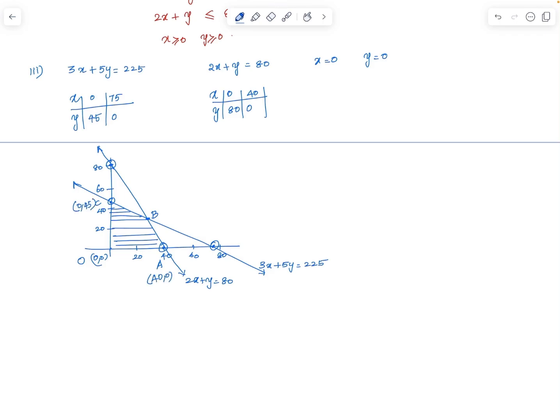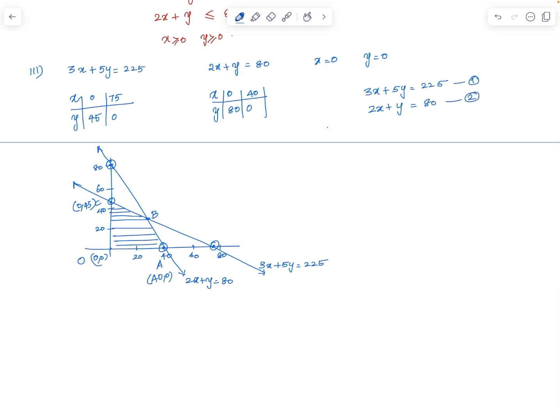To get the coordinates of B, we need to solve these two equations. 3x plus 5y is 225, and the second equation is 2x plus y equal to 80.